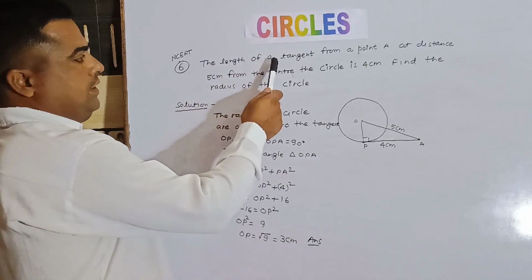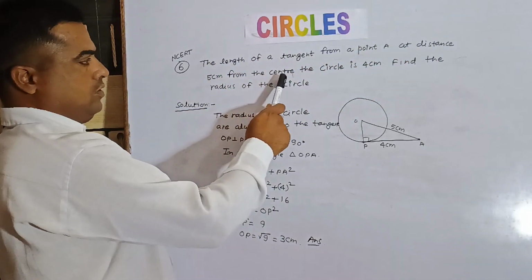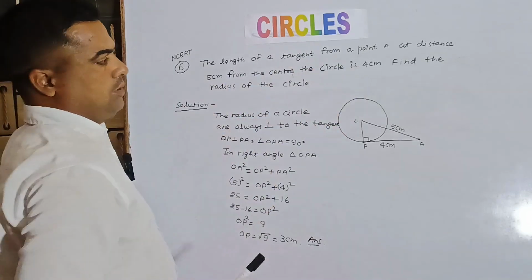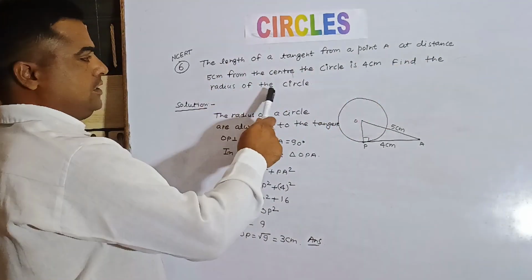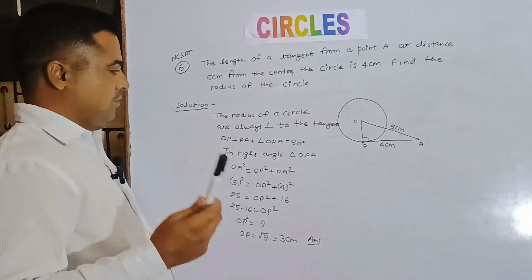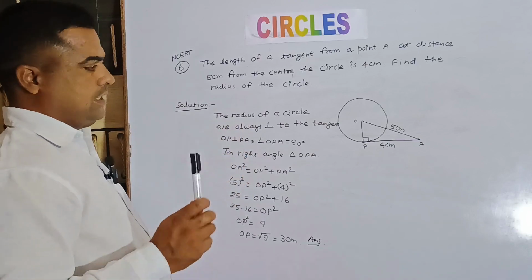The length of a tangent from a point A at distance 5 cm from the center of the circle is 4 cm. Find the radius of the circle. Students, we know very well the radius of a circle is always perpendicular to the tangent.